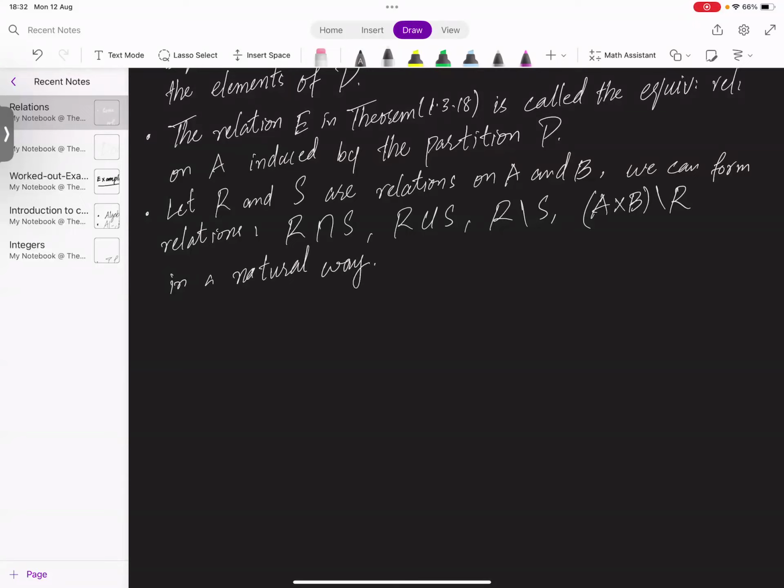And in all these relations, the domain and the range of the relation under consideration are subsets of A and B, respectively.